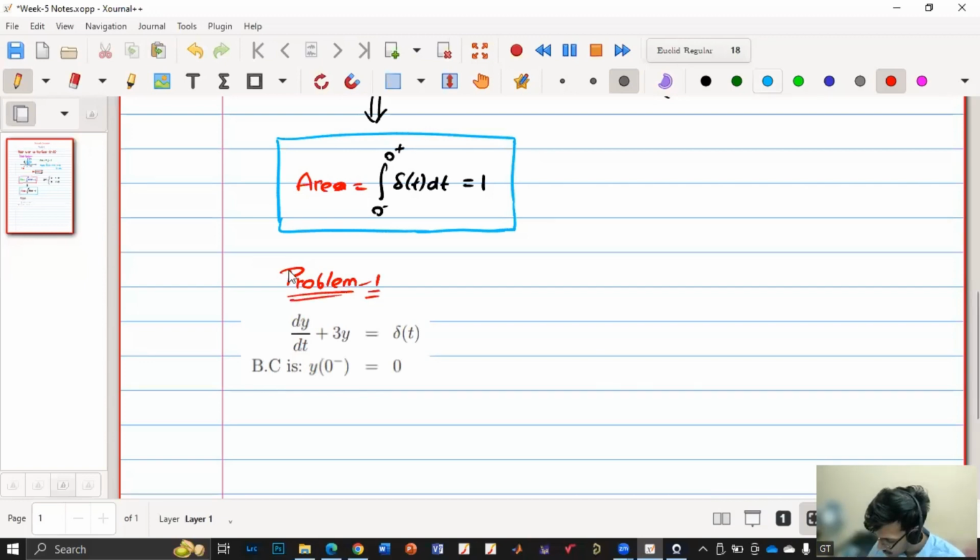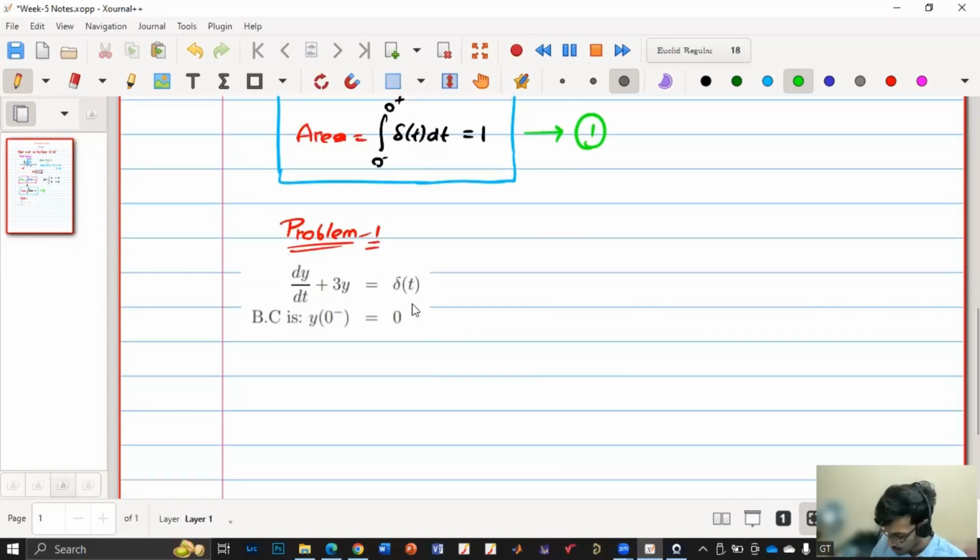One thing is we only have one condition which we can use to solve any equation: the integral from 0 minus to 0 plus of delta of t is 1. Okay.